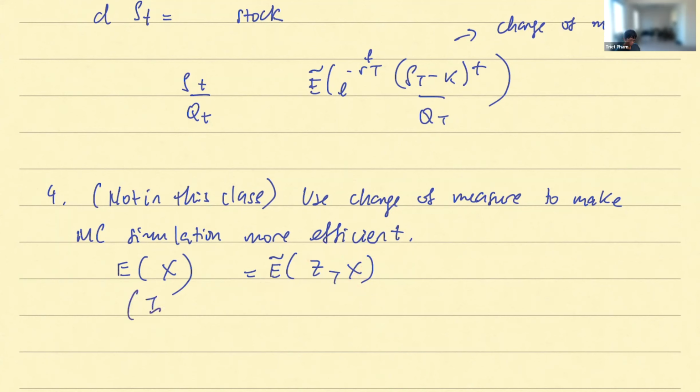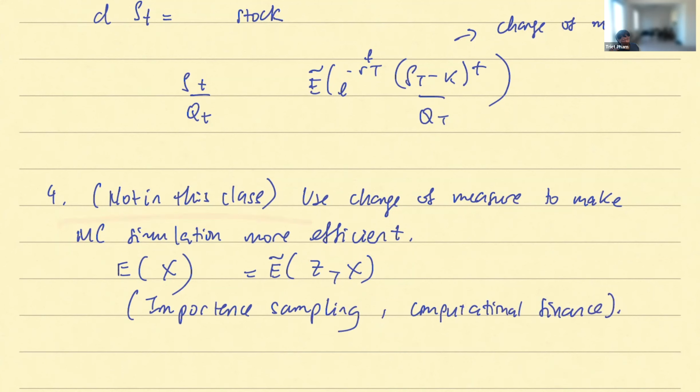So importance sampling, as Cesar discussed, is one easy example of that. Hopefully you learn that with Casper in computational finance. But again, that's a more advanced computational technique that definitely does not fall under our discussion.